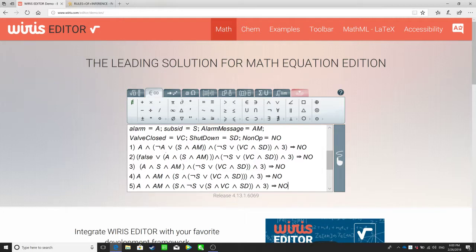Right, so we saw this. We saw this. Huh? There should be parentheses after the S, not the next S. Yes, there should be parentheses here.